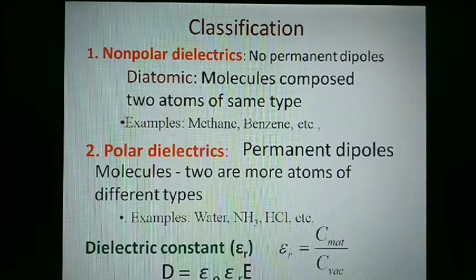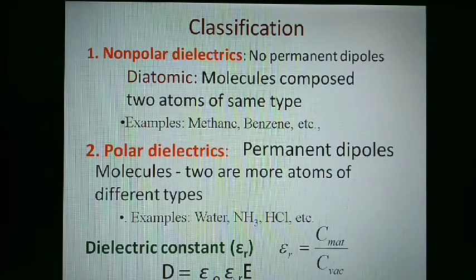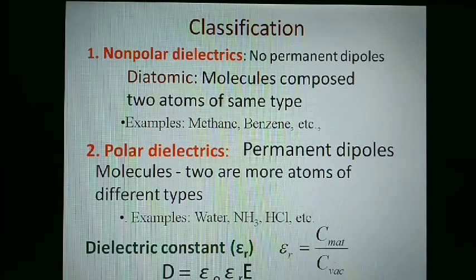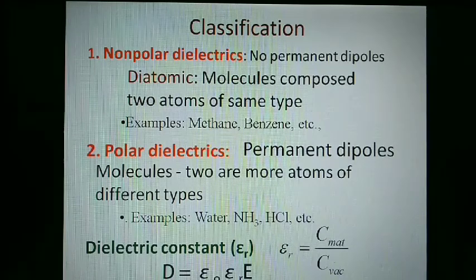That means a material that doesn't have the dielectric material will have epsilon r equal to 1, because epsilon r is equal to 1 for vacuum and nearly equal to 1 for air. But it has a higher value for other dielectric materials. For example, for water, mica, paper, etc., epsilon r is higher than 1.